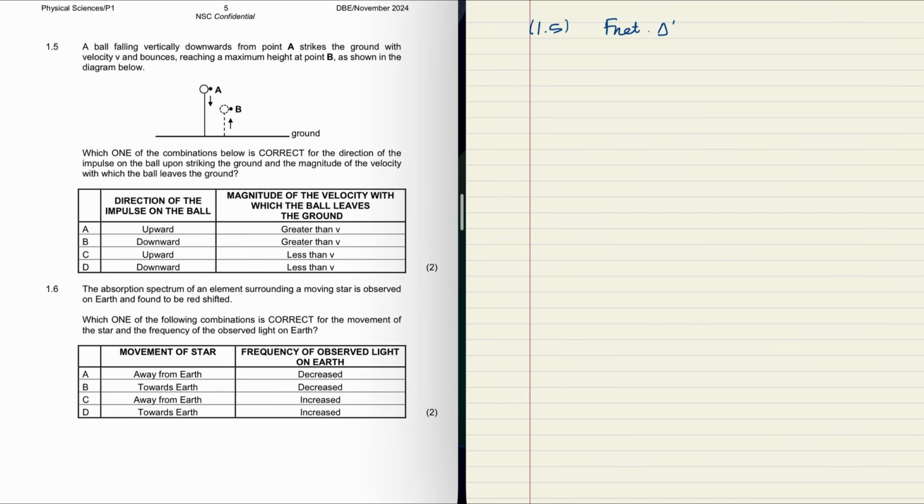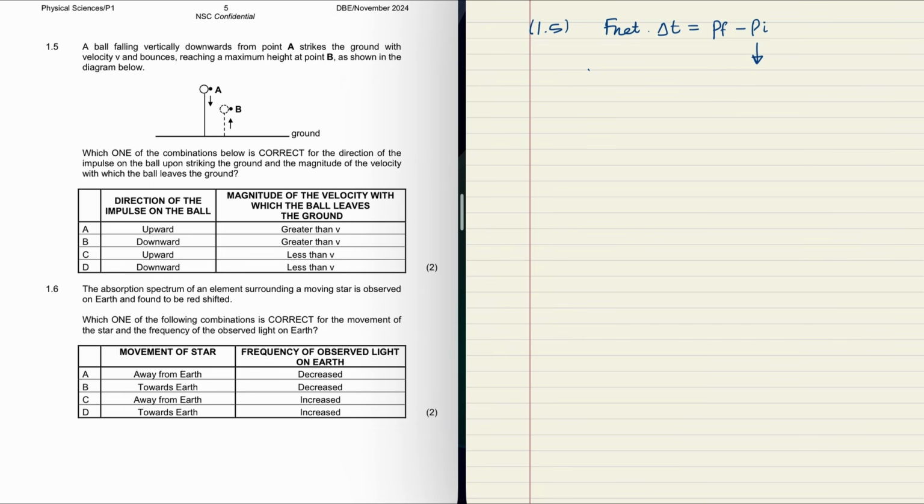times delta t, and it's equal to the change in momentum. So the final momentum minus the initial momentum. Now if we think about the momentum of this object, as it's traveling down, its momentum is downward, right? And then once it hits the ground, its velocity is negative, and so its momentum is going to be negative.